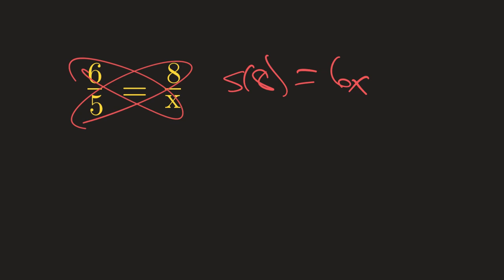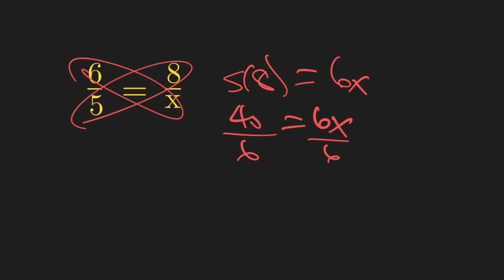If you always want the variable on the left, do the cross product that involves the variable first. It's completely your preference. 5 times 8? 40. Divide by 6. And remember, we've talked about this. We go to that division step. We know that it's not going to work out evenly, so to speak.